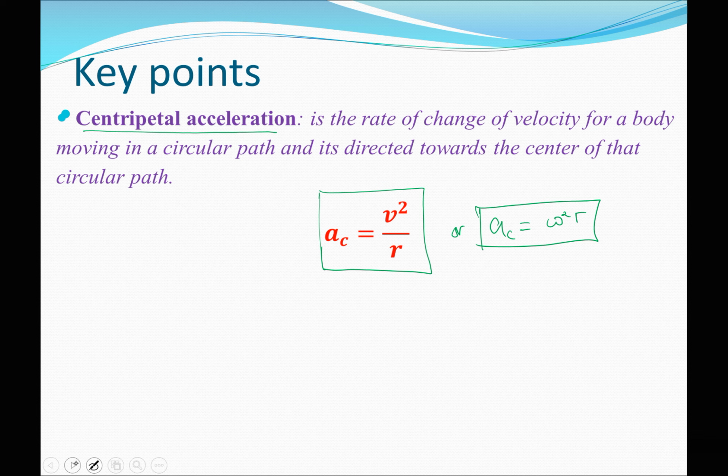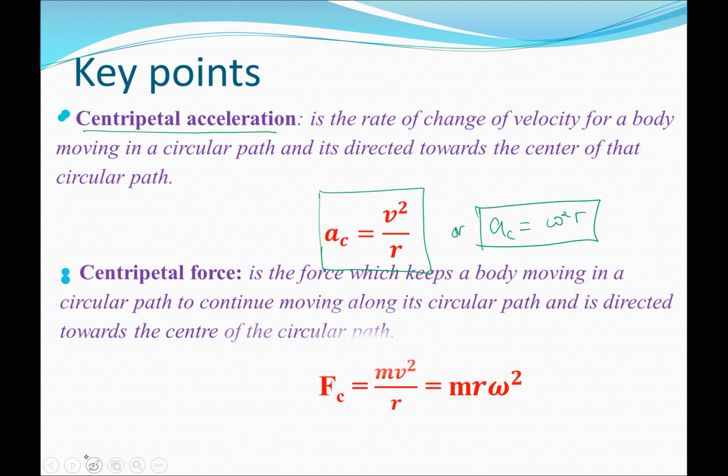Then on the other hand, we have also talked about centripetal force. That force which keeps a body moving in a circular path to continue moving along its circular path, and it is also directed towards the center of the circular path, is what we call the centripetal force.